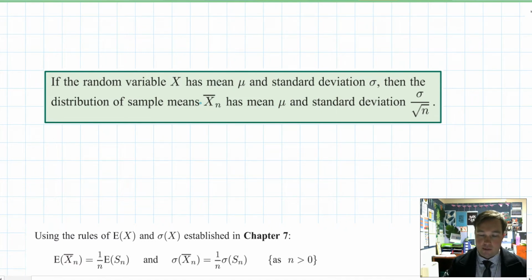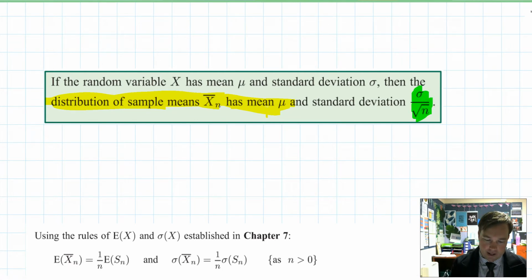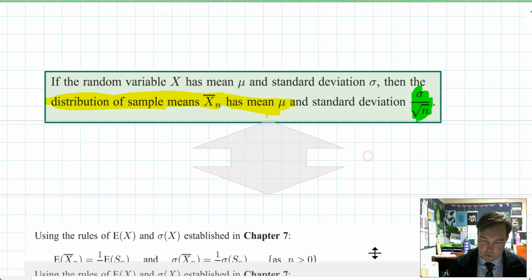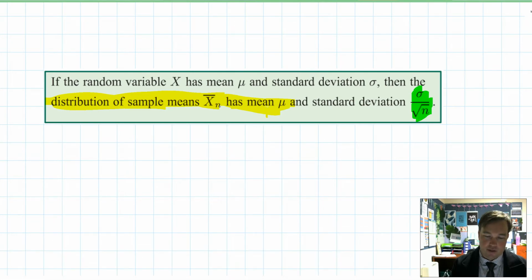And the important formula to remember is this, is that if we're looking at distribution of sample means xn, the mean doesn't change, but as the distribution gets larger and larger and larger, the standard deviation away from the mean gets lower and lower and lower. And I guess a good conceptual way to explain that would be, let's take several different dice rolls.